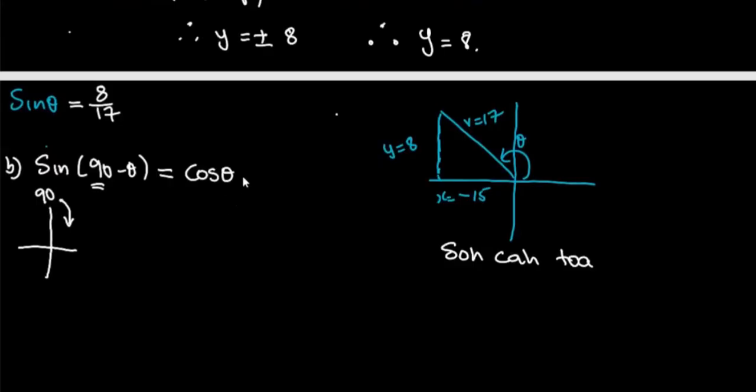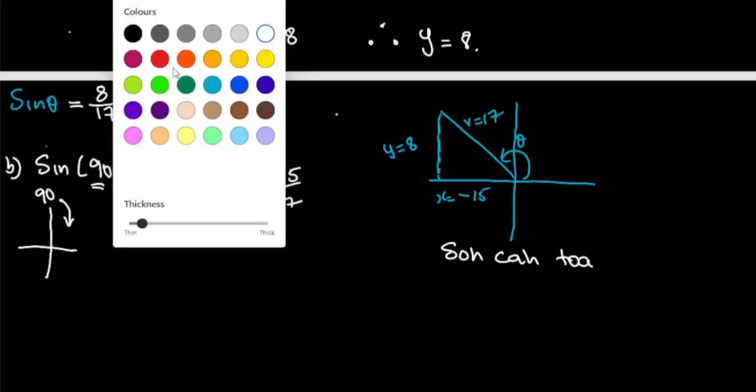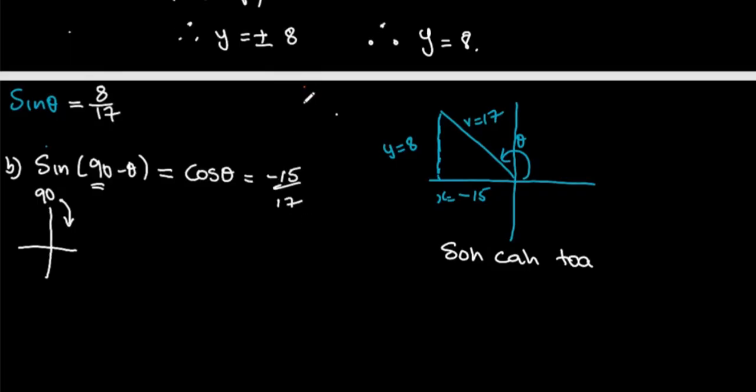This is equal to negative 15 divided by 17. That should be our final answer. That was easy. Right. That was easy. Now let's move to the next question.